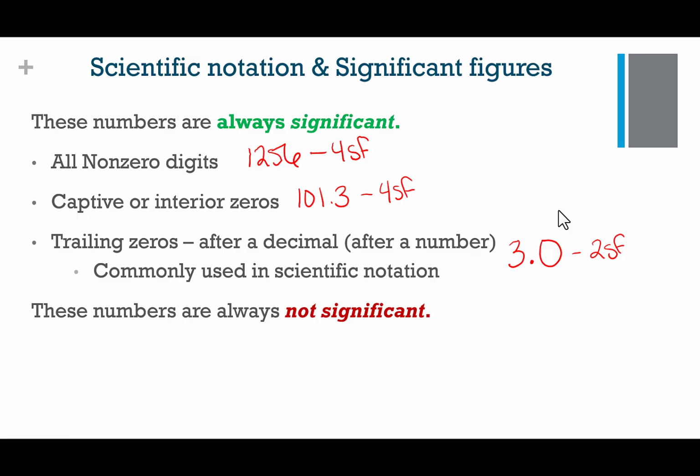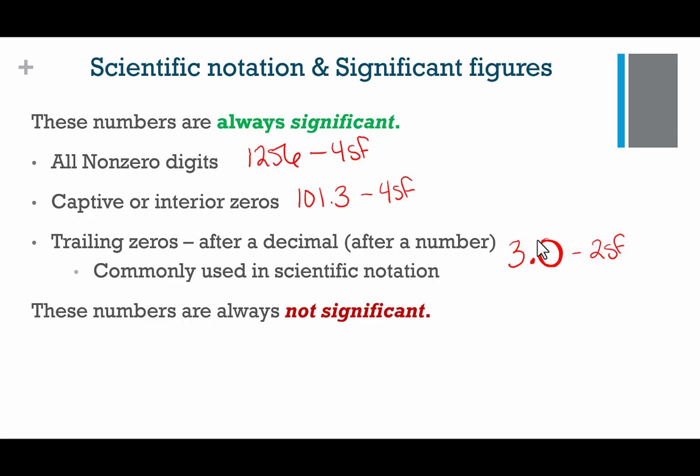So if I am a lazy chemist and I'm reporting a number, I bothered to write the decimal, and then I bothered to put the 0 after that decimal. I didn't do it for funsies because I'm lazy. I did it because it's supposed to be there. If it's not supposed to be there, I would save my energy and not put it there. But since I spent the energy to put it there, I probably did that for a reason. That is a significant digit.